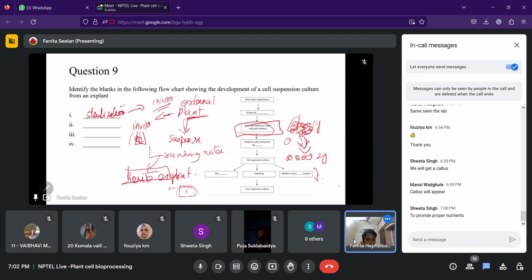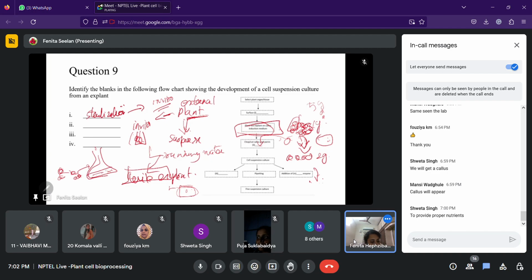Say for example, you need 5 grams of callus, you need to establish some 2 to 3 subcultures. Then you will get the mass of cells which you want. From these cells, you can take a bit of it, cut it, and transfer to your liquid medium. So from many subcultures, your cells will be multiplied and then will go into your suspension culture.